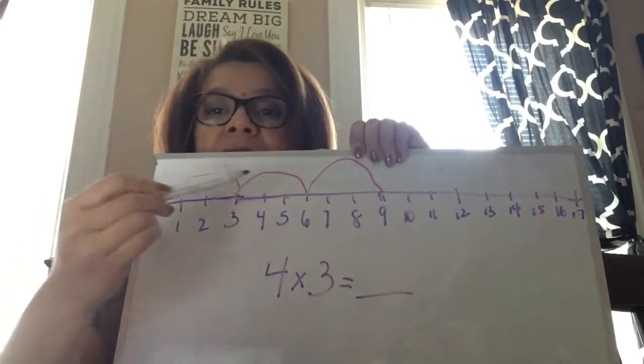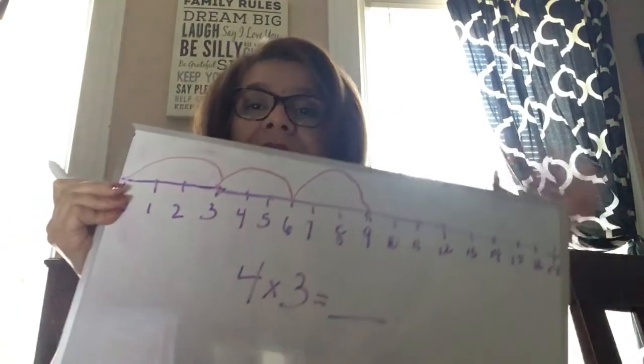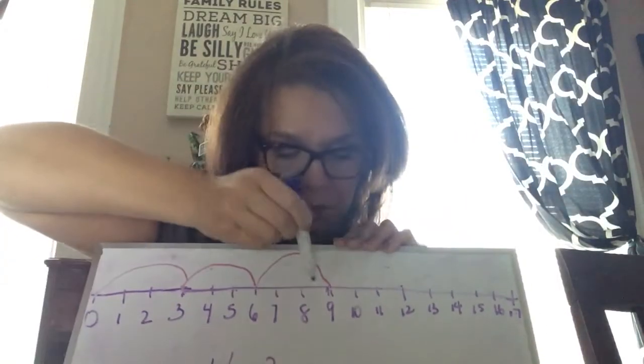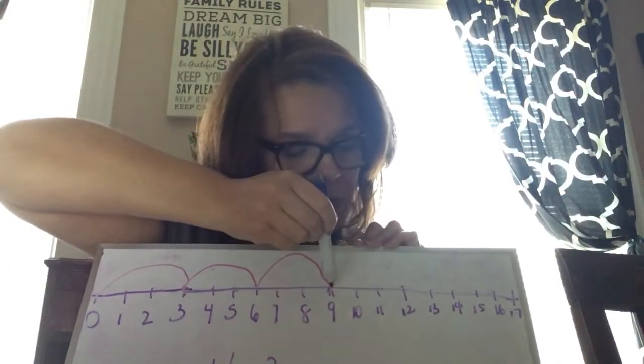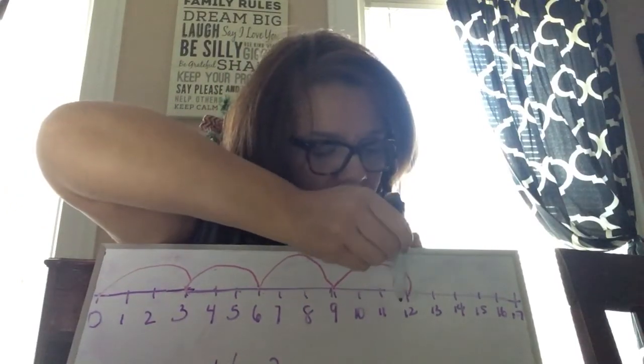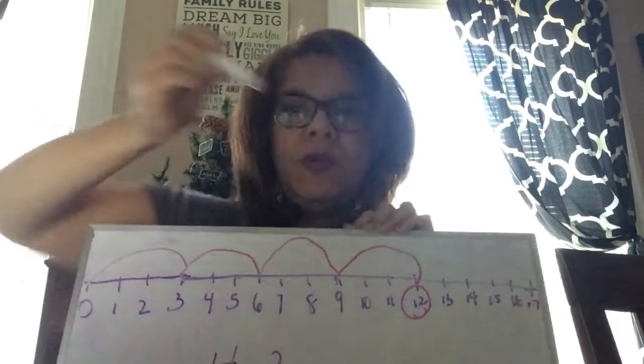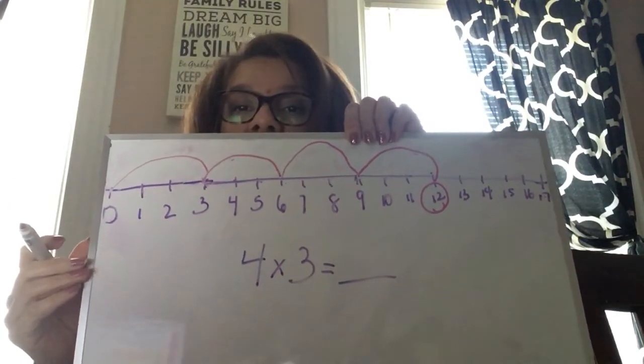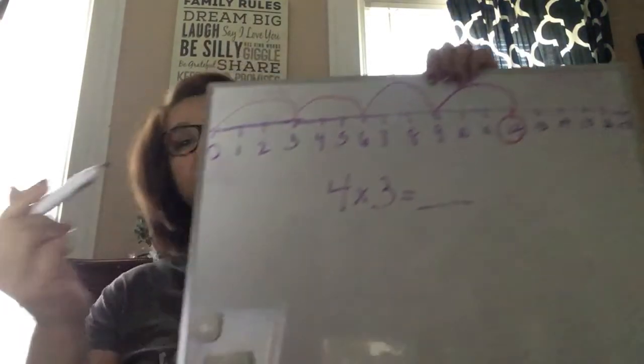How many jumps do we have so far? We have 3 jumps. We need 1 more. 1, 2, 3. And we stopped at 12. So 4 times 3 is equal to 12.